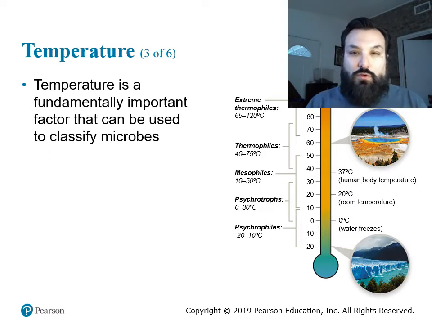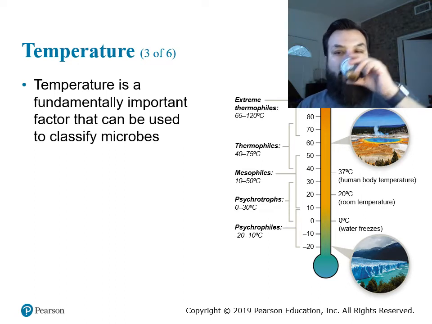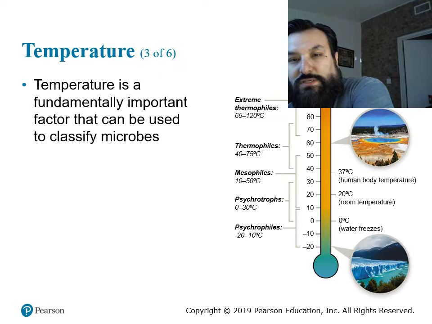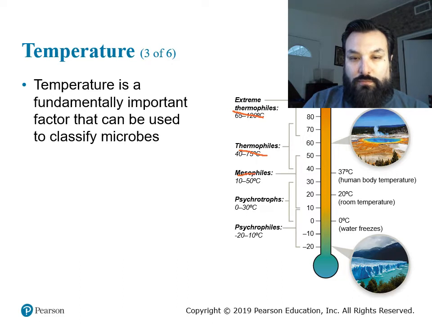Okay, so here are the growth ranges of these prokaryotes, talking about these maximums, minimums, and the places where our optimal temperatures are for different types of prokaryotes. We use these terms here: extreme thermophiles, thermophiles, mesophiles, psychrotrophs, and psychrophiles.